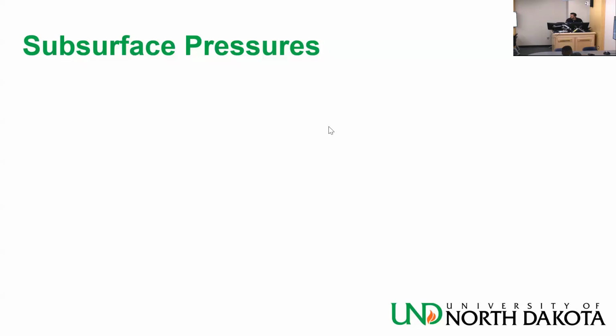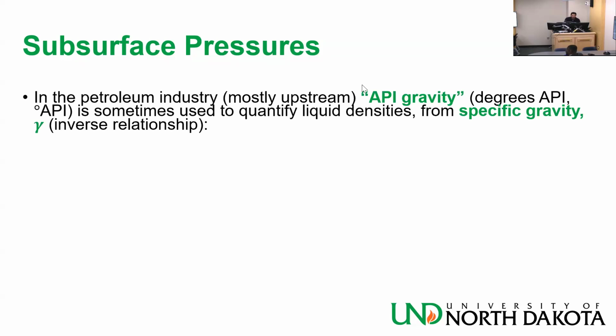Anyway, subsurface pressures. Any questions before I move on to this important topic of how you calculate subsurface pressures? Okay. It's going to be important stuff, but of course, we're not going to start throwing equations at you without context. In the petroleum industry, mostly upstream, we use API gravity, measured in degrees API.